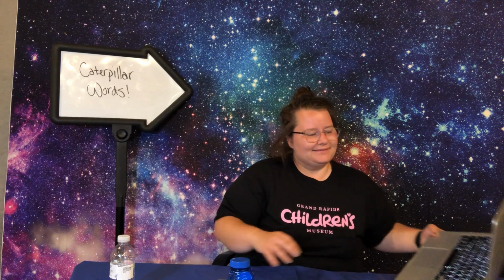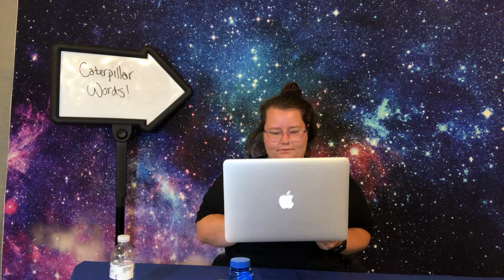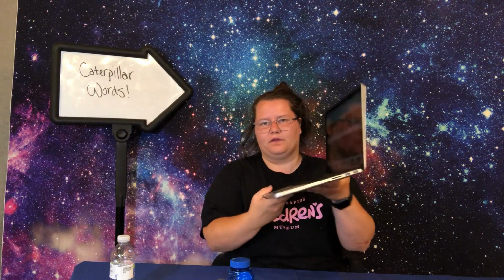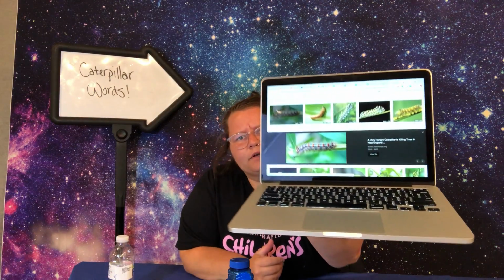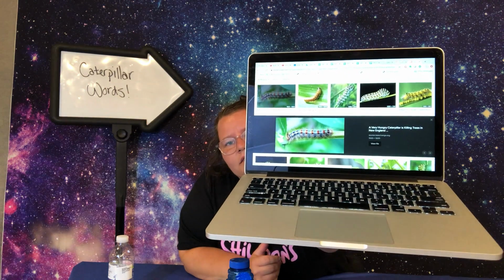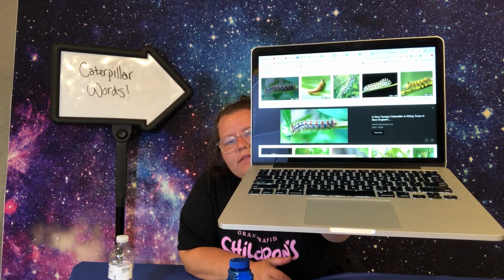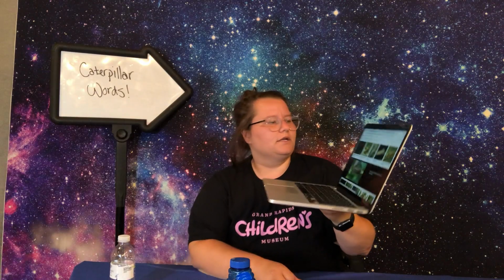I wanted to start by showing some pictures of some caterpillars you might see in real life. I don't know if you'll be able to quite see. They are long little bug friends. They've got lots of legs. Sometimes they're fuzzy, and they actually turn into butterflies.